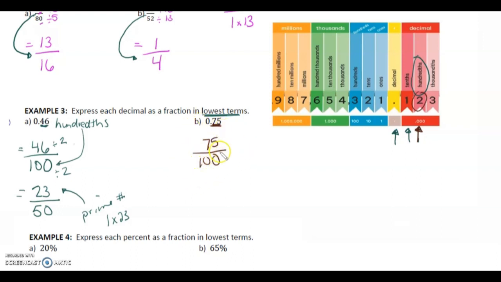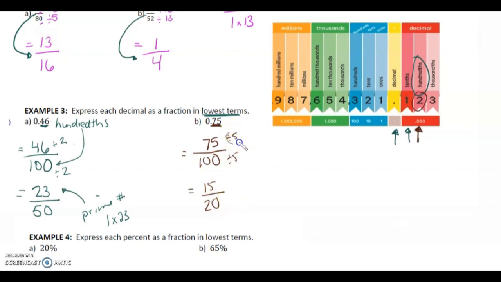So in this, what number can we divide both 75 and 100 by? If you can think of the highest number, it's fine. But looking at 75 and 100, you might only be able to think about 5. Okay, so in other words, what's 75 divided by 5? Well, you would get 15. And what's 100 divided by 5? You'd get 20.